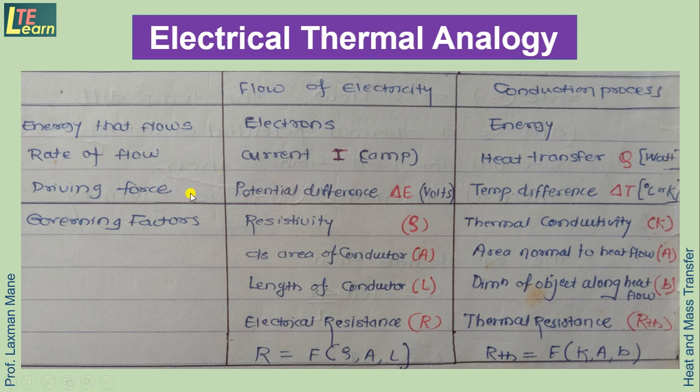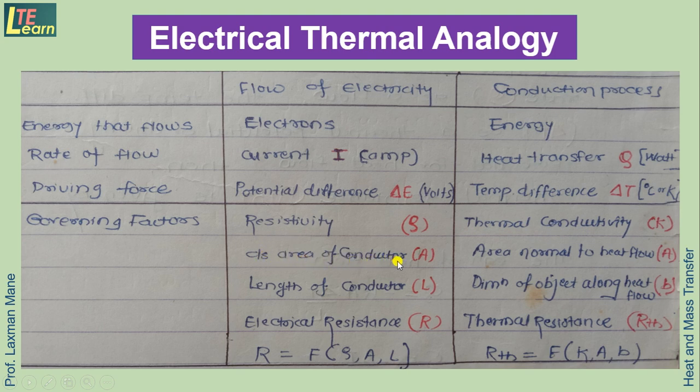Driving force for flow in electrical is potential difference, delta E, in volt. In thermal it is temperature difference, delta T, in degrees Celsius or Kelvin. Governing factor in electrical is resistivity, ρ. Its analogous factor in thermal is thermal conductivity, K.